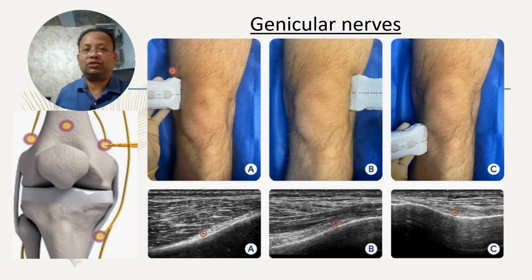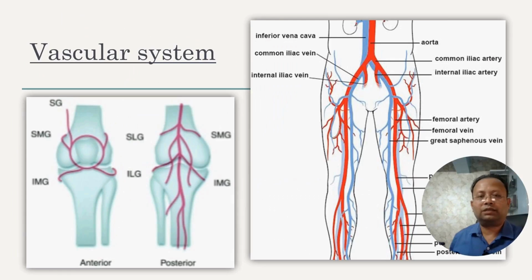Some say that the nerves are not always in close vicinity of the genicular vessels, but mainly we see the genicular vessels, and just by the side of the genicular vessels we search for the genicular nerves, and we target those genicular nerves. So we can see this is actually vascular structures.